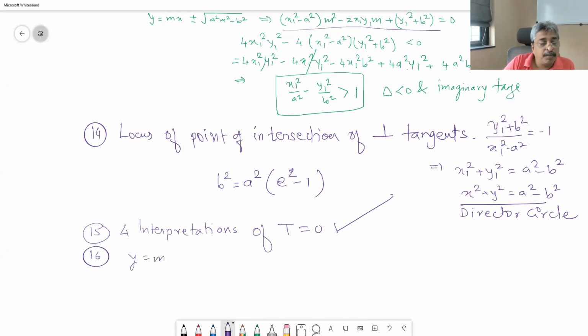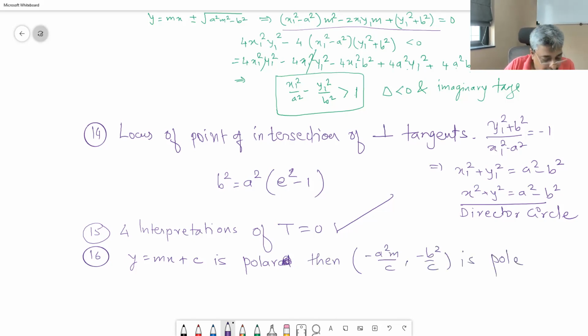Y is equal to mx plus c is polar. Then minus a square m by c comma minus b square by c is the pole. Correct.